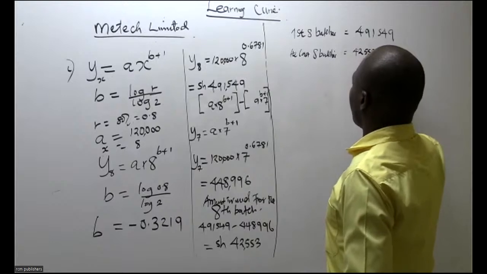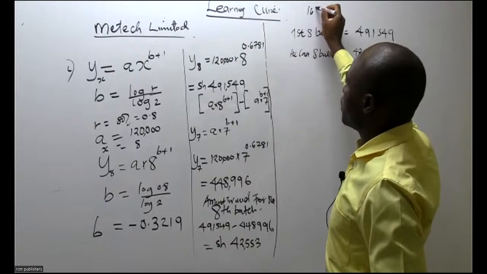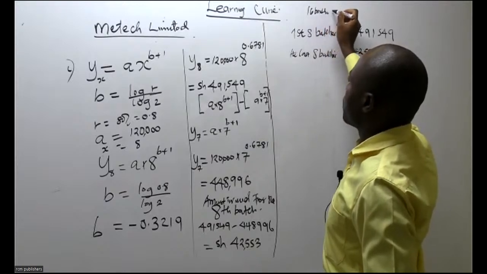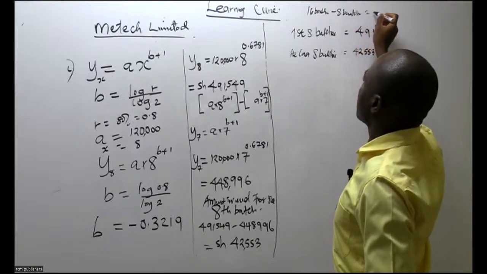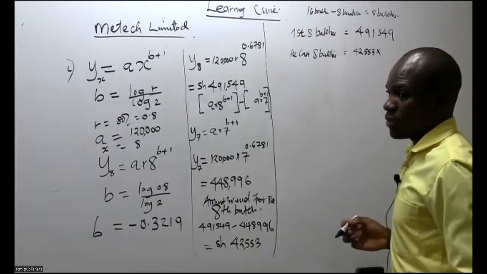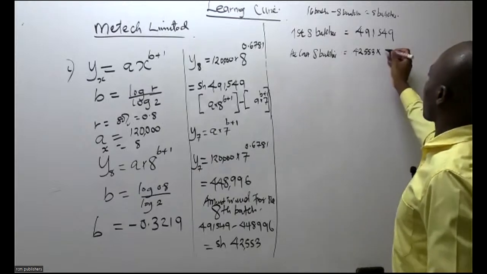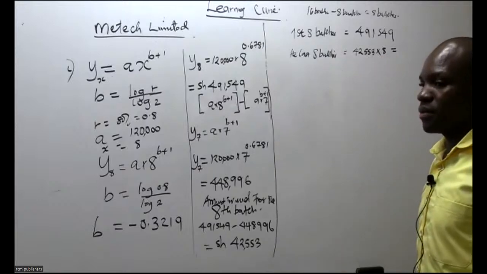So it is basically equivalent to 42,553. We multiply by how many batches are remaining? The life of the project has got 16 batches. We've produced 8 batches. So we have a balance of 8 batches. So let's go ahead and get the total cost you are going to incur to produce the last 8 batches.